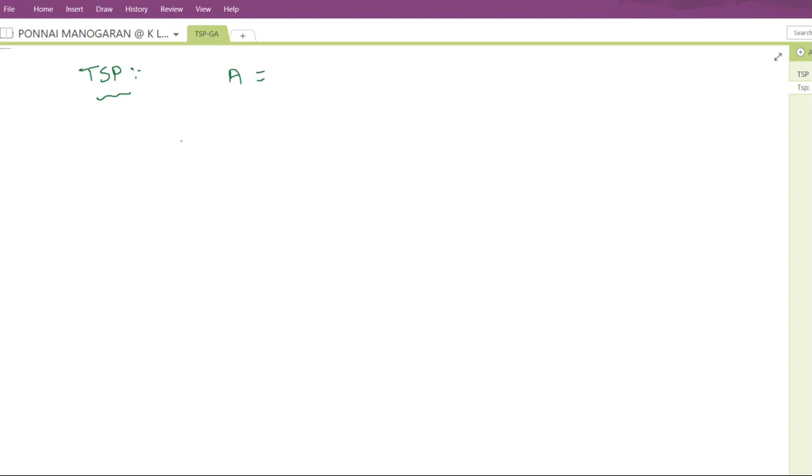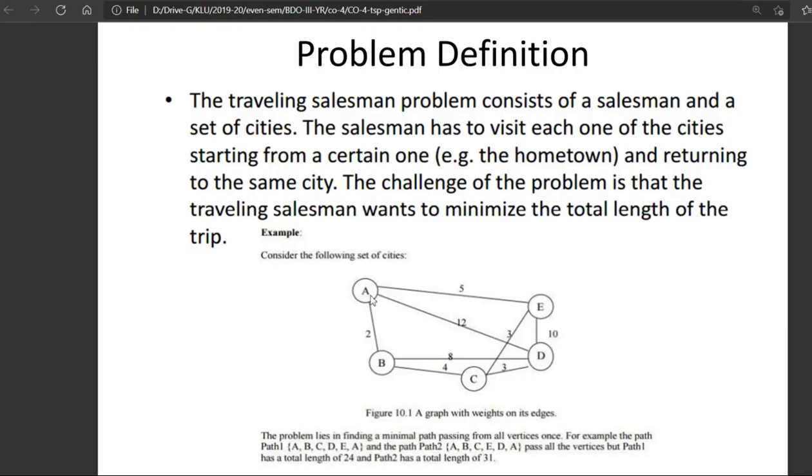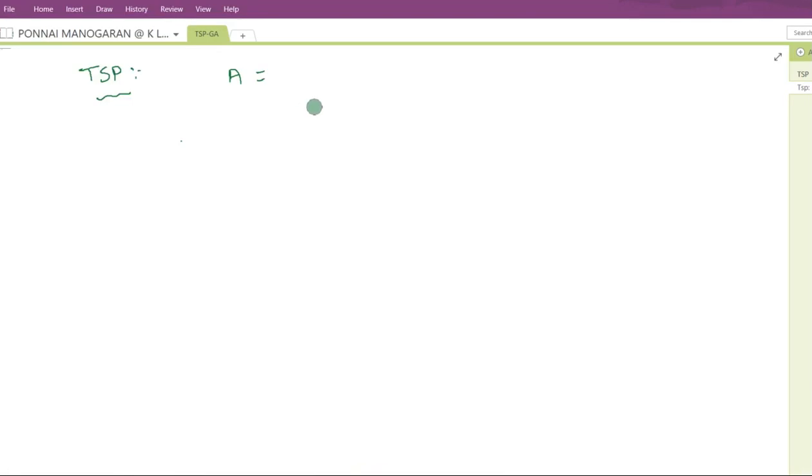I think this is the cities A, B, C, D, E. So instead of A, B, C, D, E, let us represent in numerical form. A as 1, B as 2, C as 3, D as 4, and E is represented as 5.